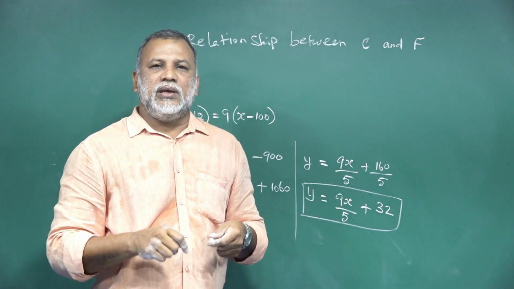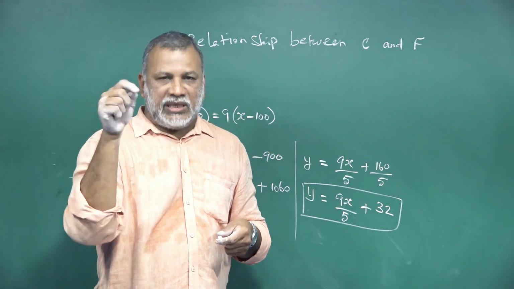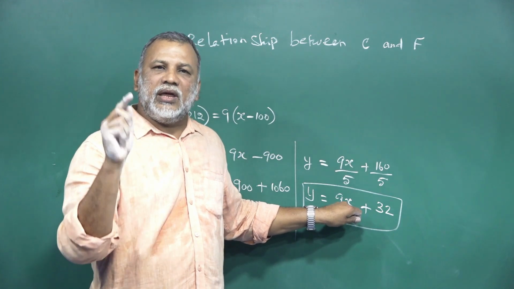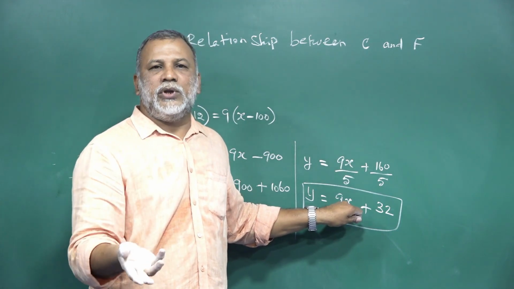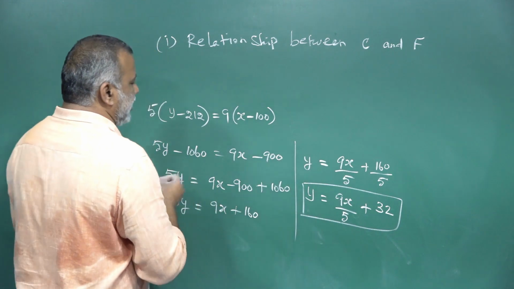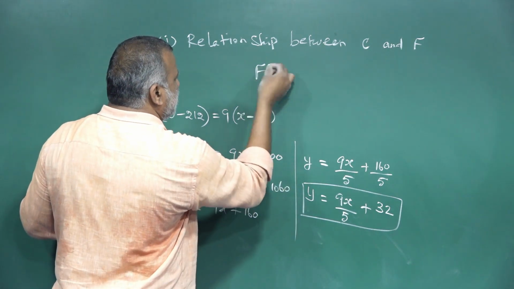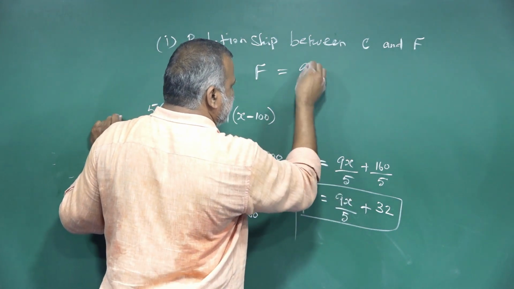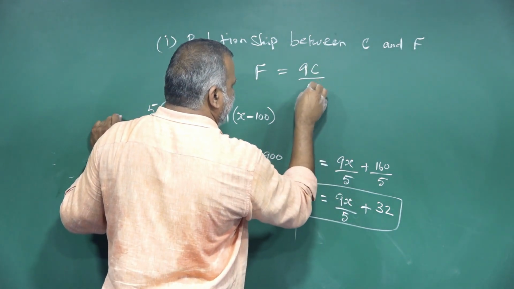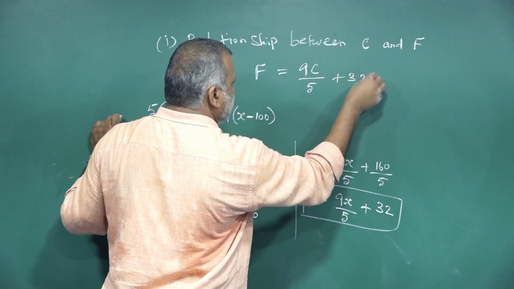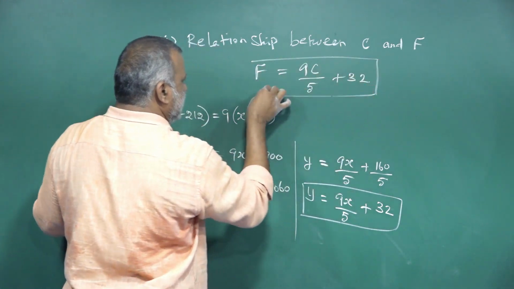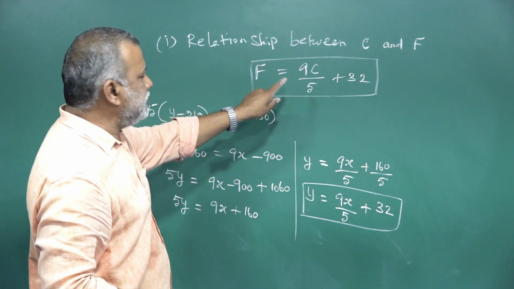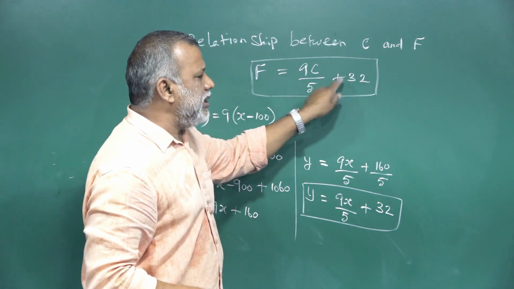C means centigrade. Centigrade is denoted by X. Therefore, this X is replaced by C. That means Fahrenheit F is denoted by Y. Therefore, I can replace this Y in terms of F. That means X is replaced by centigrade, 9C divided by 5 plus 32. So, dear students, result number 1 is F equals 9C divided by 5 plus 32.